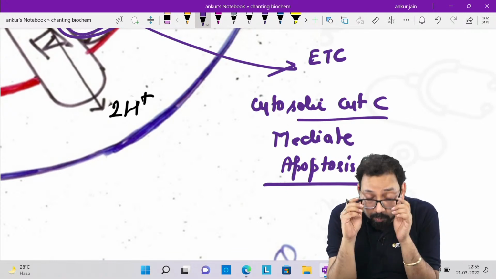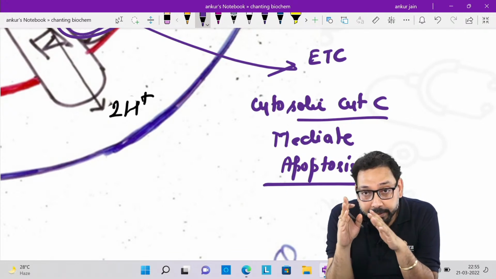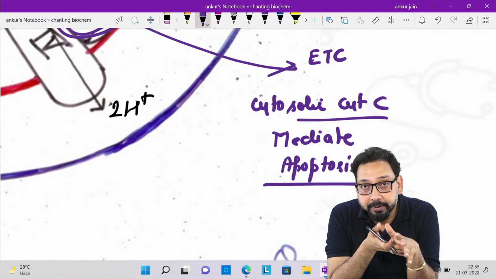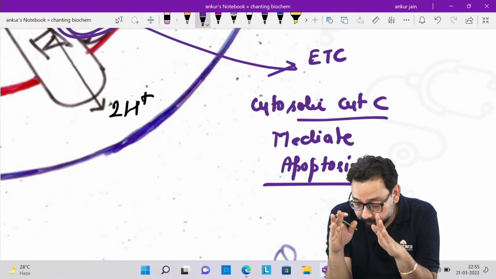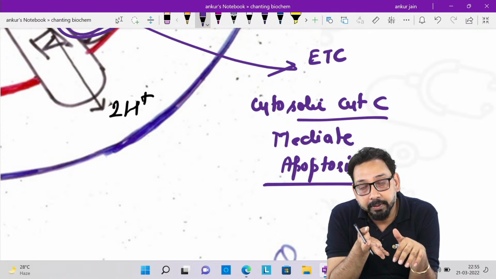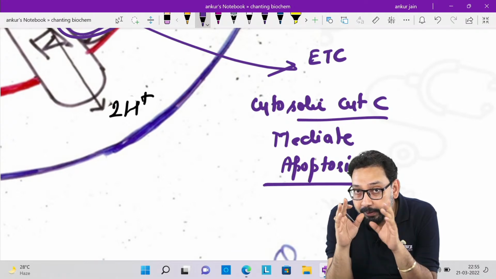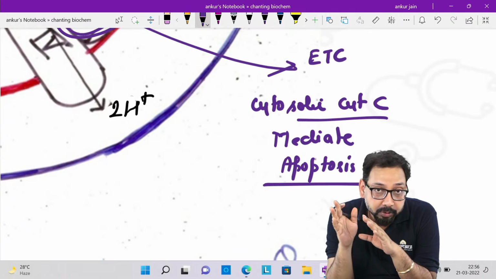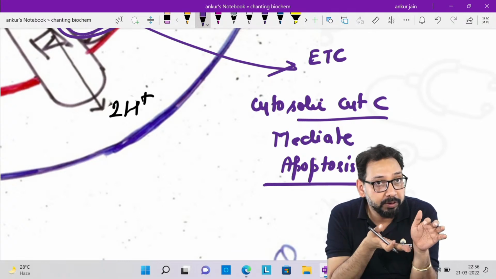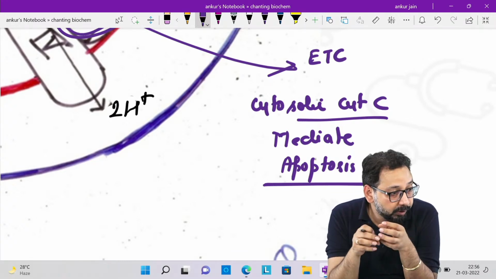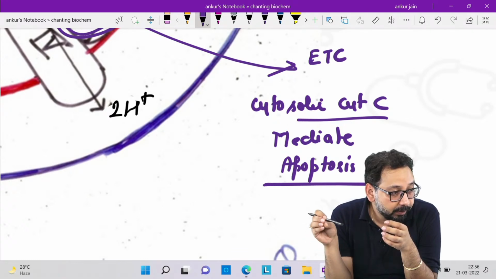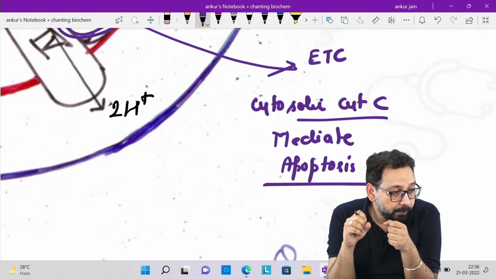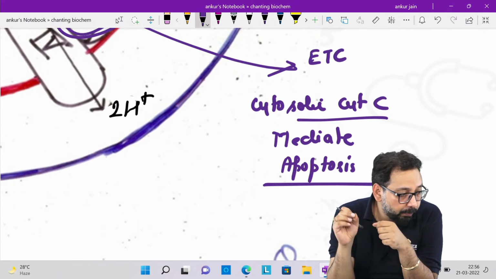If cytochrome C is present at the inner mitochondrial membrane, it gives life, it does electron transport chain. But if it dissociates and reaches the cytosol, then it causes apoptosis. Clear?